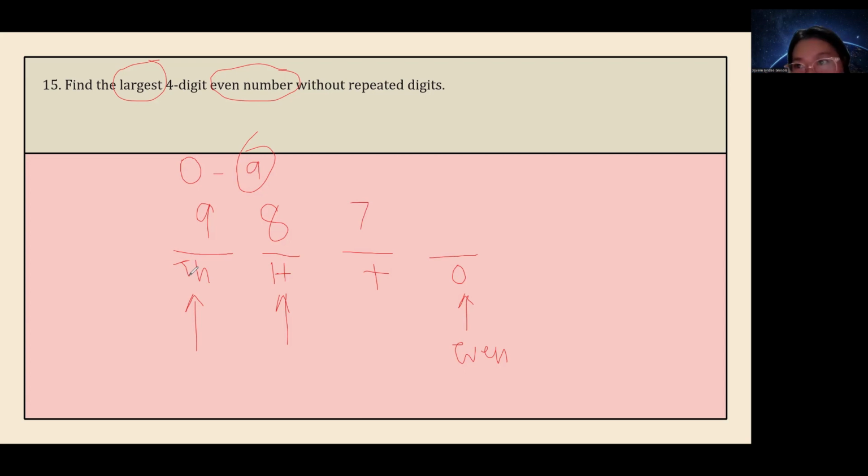And okay, it's a good timing because the next number after 7 is 6, and 6 is an even number. So we can put 6 here. And this will now be the largest four-digit even number without the digits being repeated. So we can read this number as 9,876. Okay? So that's it.